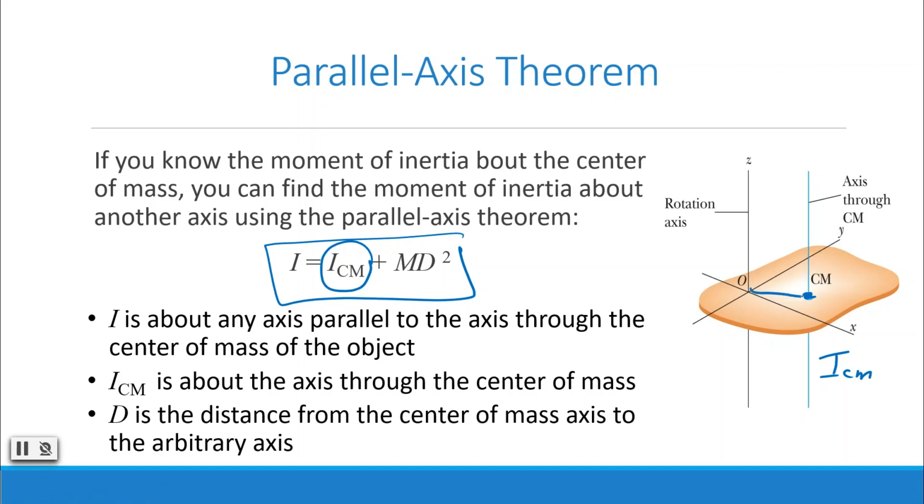If I knew the distance d here and the mass of the whole thing, I could find the rotational inertia about, say, point O right here. I can figure it out by taking the rotational inertia about the center of mass plus the mass times the distance between those two points squared. It's actually a pretty simple formula.